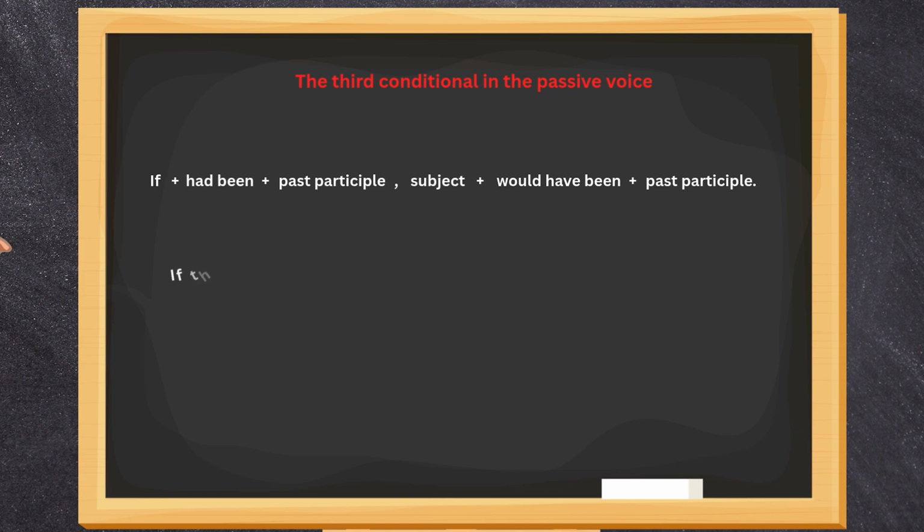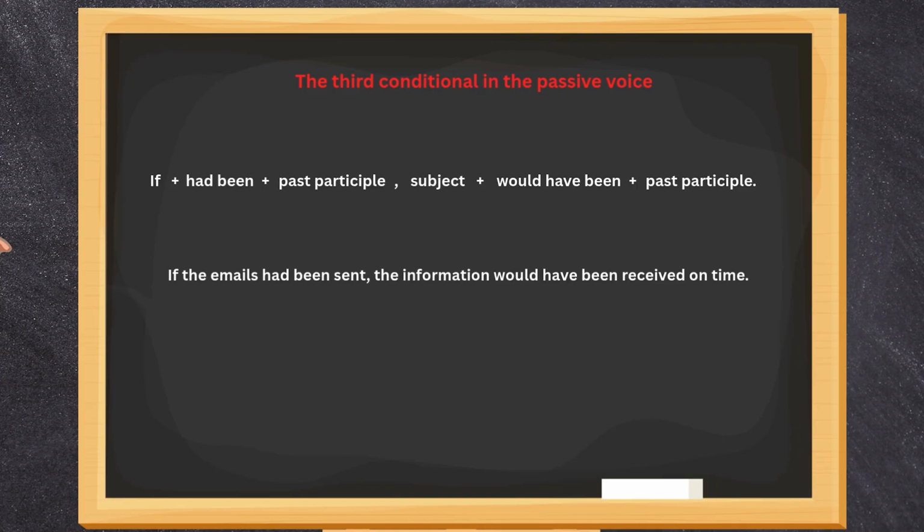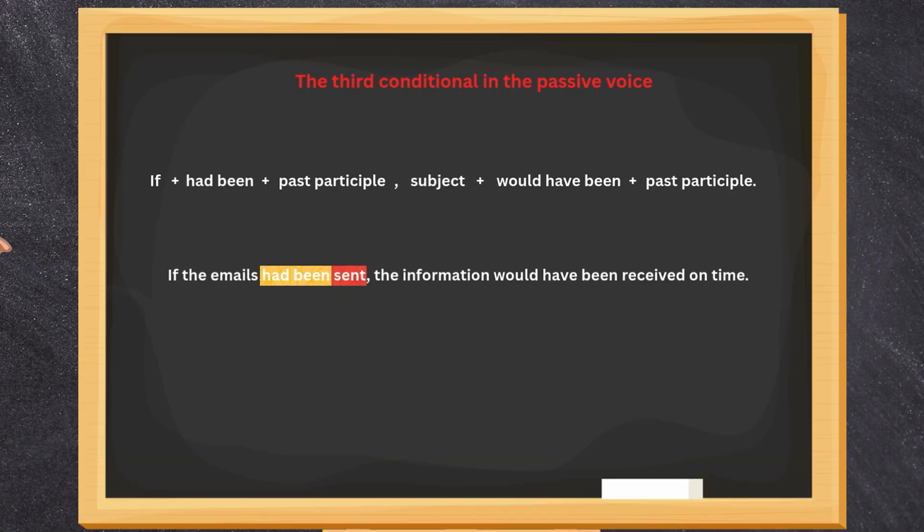For example, if the emails had been sent, the information would have been received on time. Notice that in this example, the if clause is passive with had been plus past participle, and the main clause is also passive with would have been plus past participle.